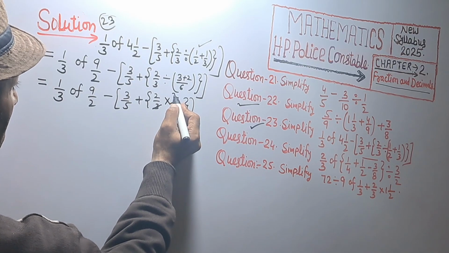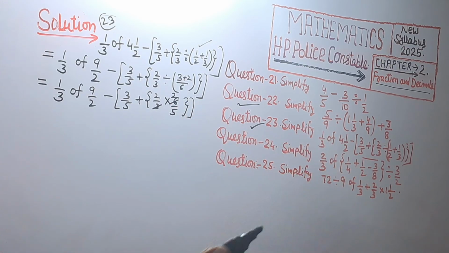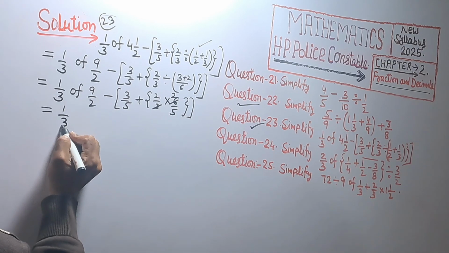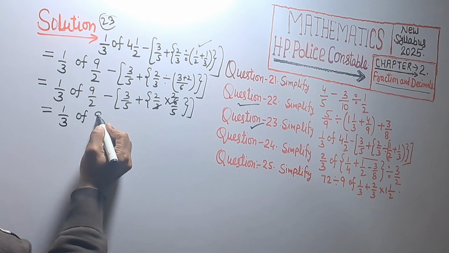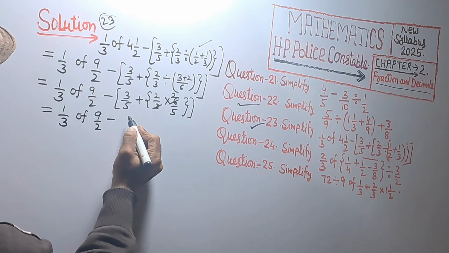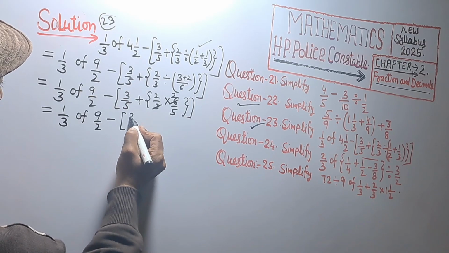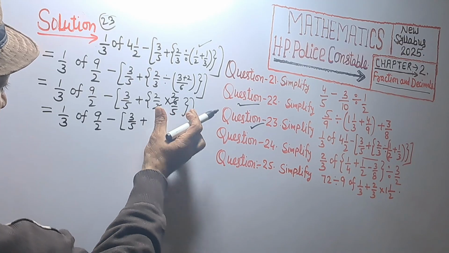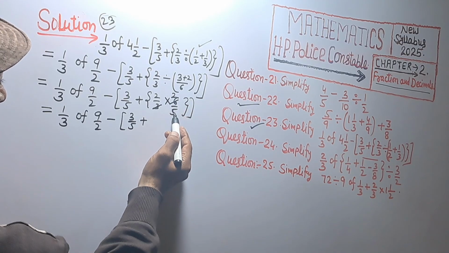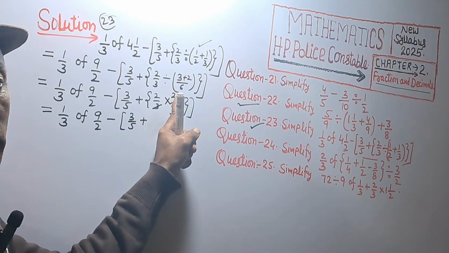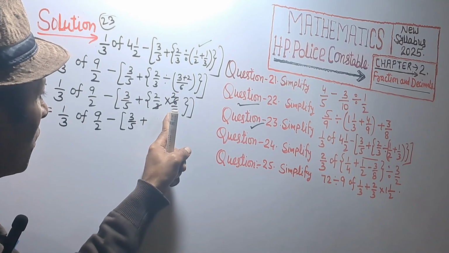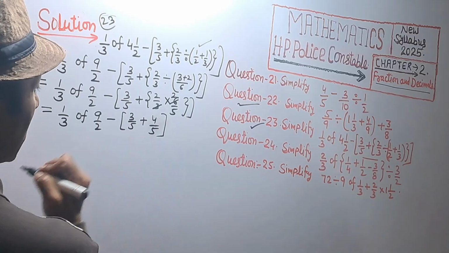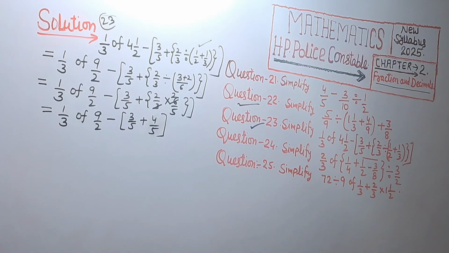Three ones are 3, 3 twos are 6; this is cancelled. Then 2 multiplied by 2 equals 4/5.